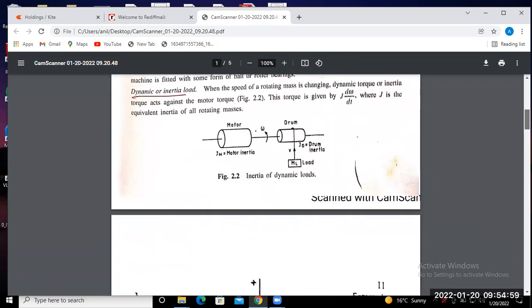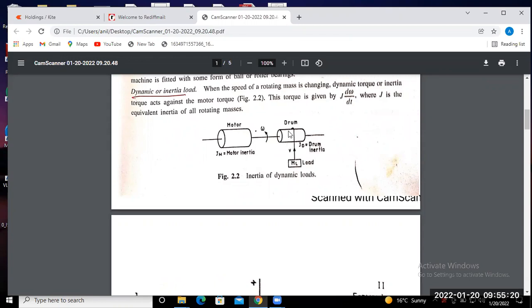Suppose that this is your motor, and with this shaft you want to drive a drum or a roller. The roller has some mass that is represented here by the drum.